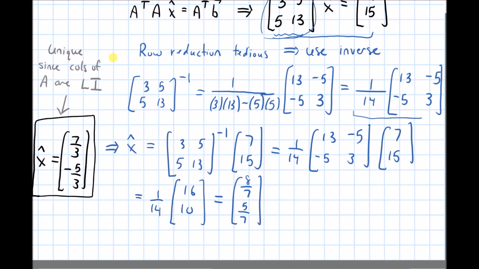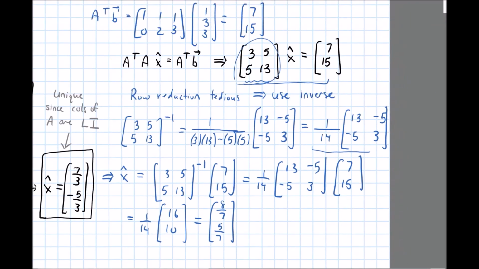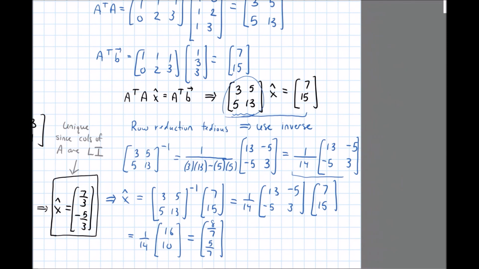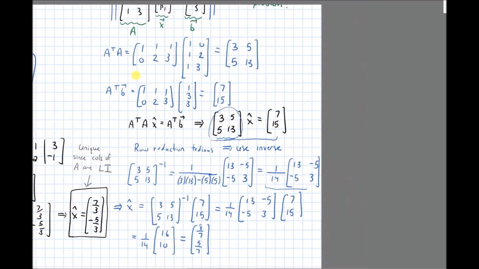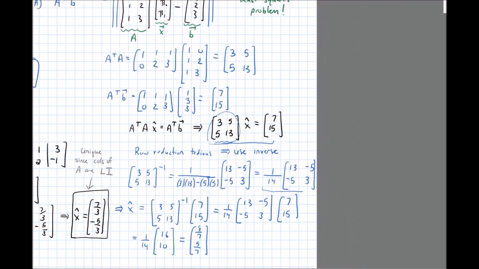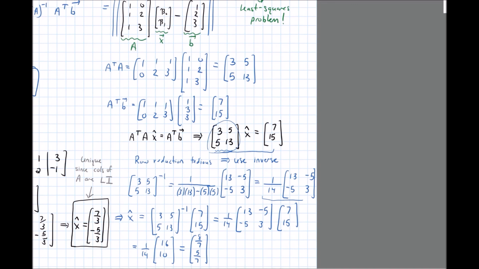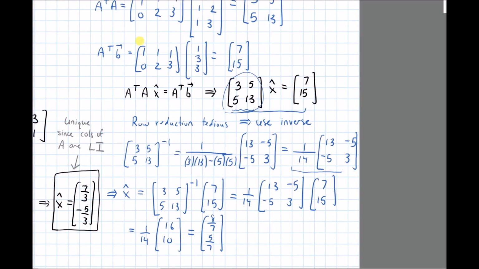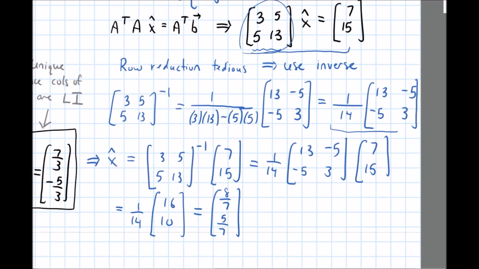If we zoom out a little bit, so we can see what this represented, this represents my solution, x hat. But in the best fit problem, remember x hat was this vector, beta naught, beta 1. So that's what these two entries represent. The 8/7 is the beta naught in the equation of my line. 5/7 is the beta 1.